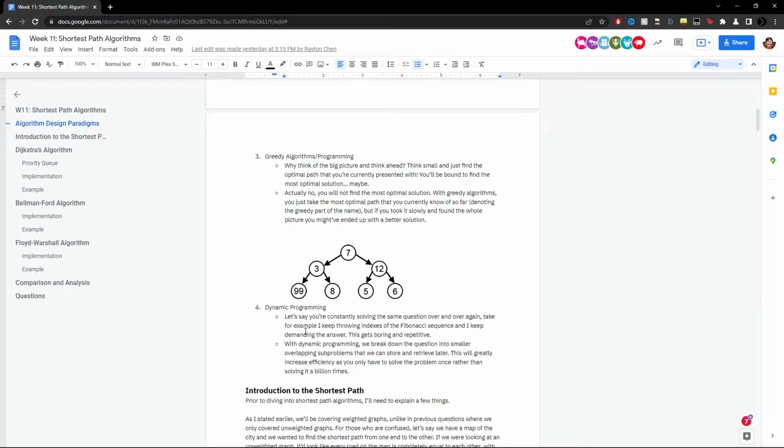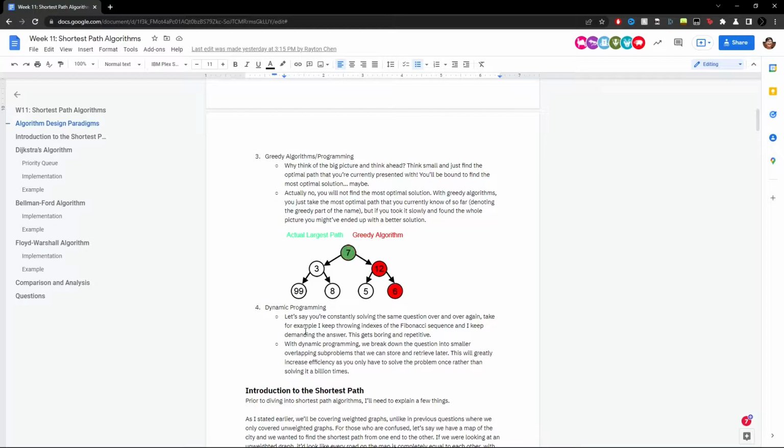And this will greatly increase efficiency as you only have to solve the problem once rather than a billion times. Why solve Fibonacci, fib at 5? Let's say I give you fib at 5, then I give you fib at 6, then fib at 7, fib at 8, fib at 9, fib at 10. Once you've solved fib at 5, you can solve fib at 6 easily, so you can just keep track of the fib at 5 part, as opposed to solving everything else again for fib at 6.